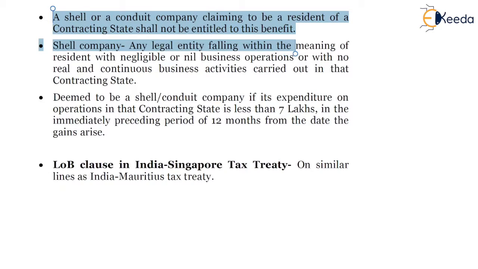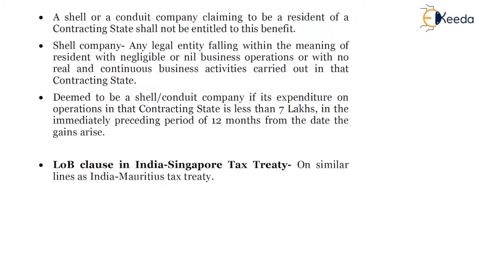Shell company meaning is any legal entity falling within the meaning of resident with negligible or nil business operations, or with no real and continuous business activities carried out in contracting state. In our example, it is Mauritius.